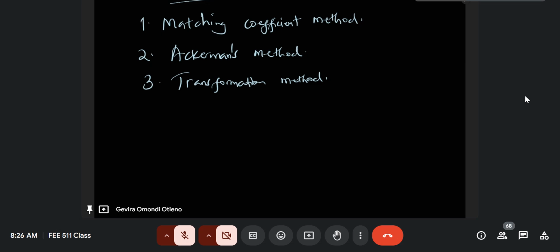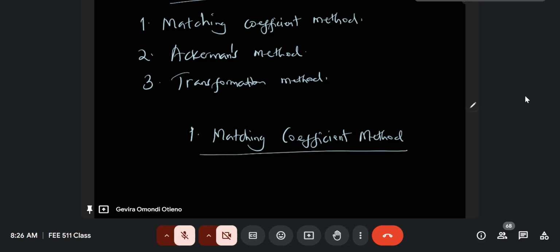That would be left for you to discuss. So let's start with the matching coefficient method. This is the first one. Once I'm done with solving this, then we are done with the class. Sorry, my marker is misbehaving today.